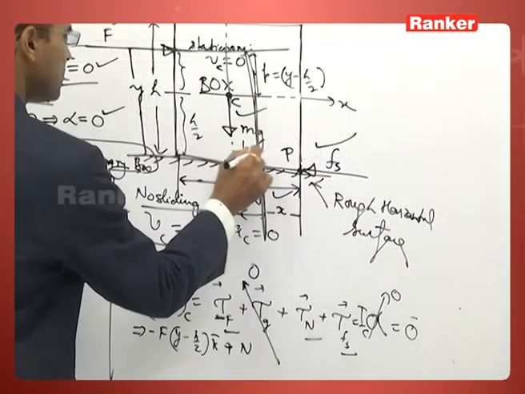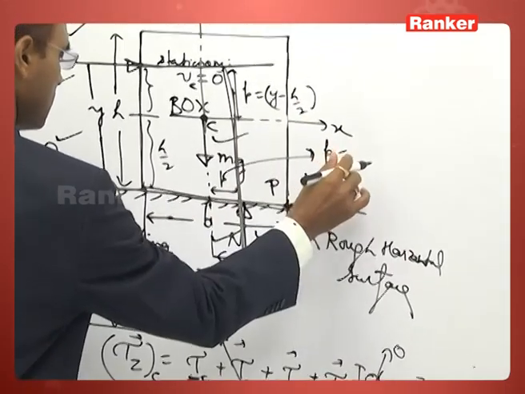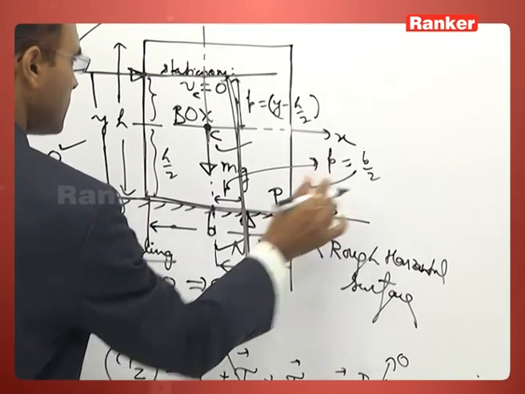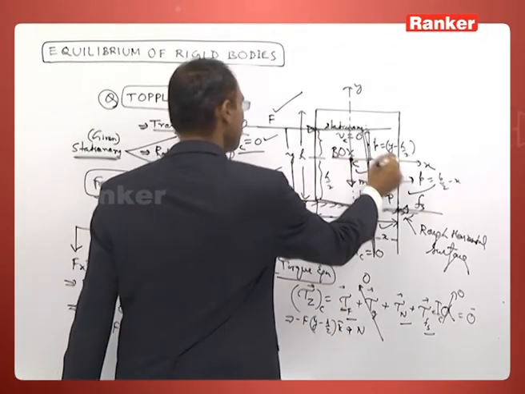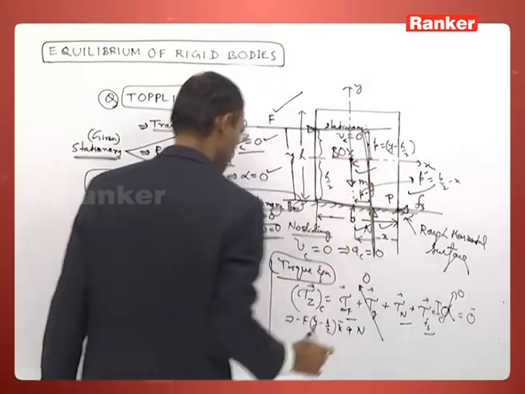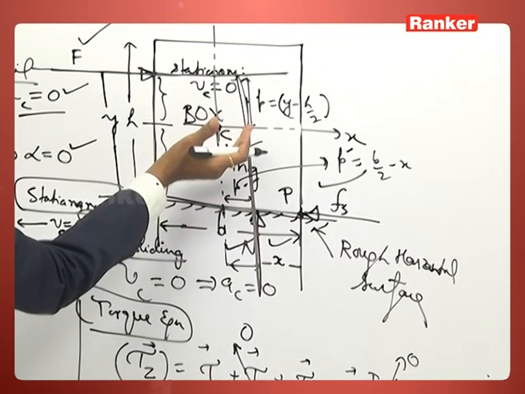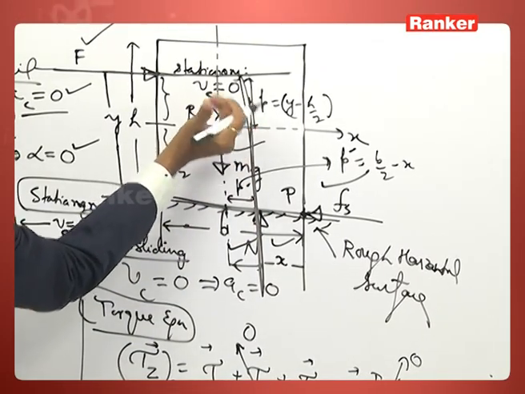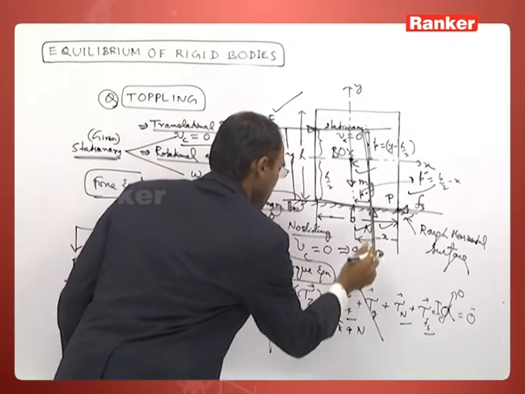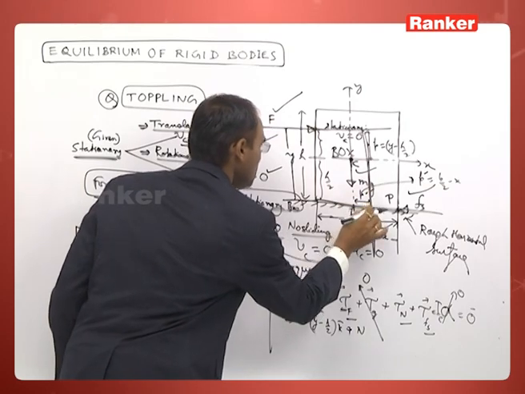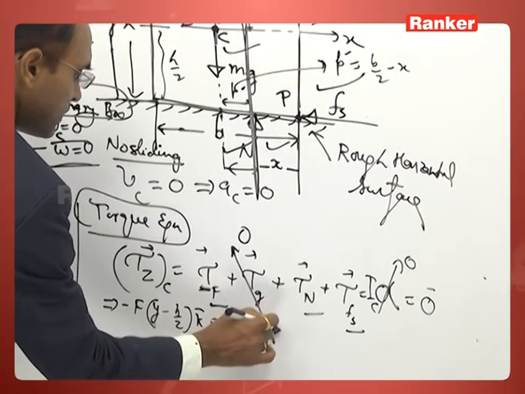This perpendicular distance will be equal to, this distance is b by 2, this distance we have assumed x. This perpendicular distance is different. Therefore, normal reaction tries to rotate it in anticlockwise manner with a torque N into this perpendicular distance, that is equal to b by 2 minus x.